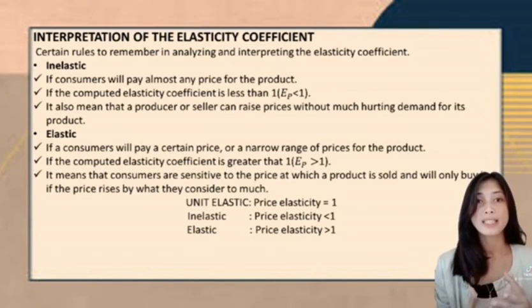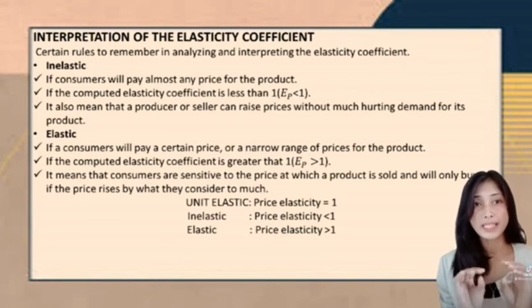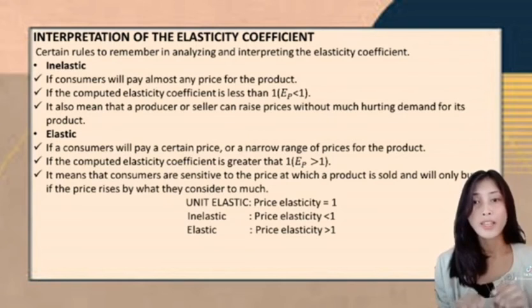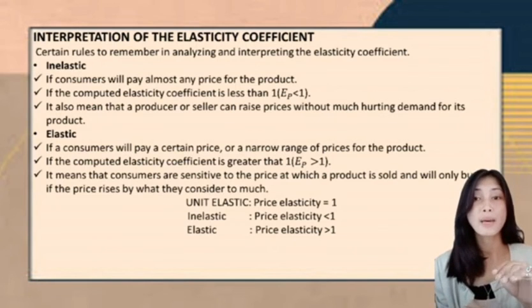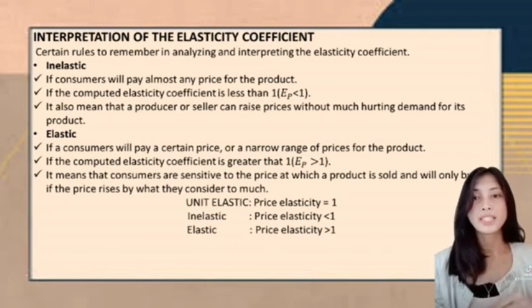This means that if the price of the product increases, consumers will still buy the good because there is a need for gasoline. So we can say it is inelastic if the price increases but we still get the product despite the increase in price.